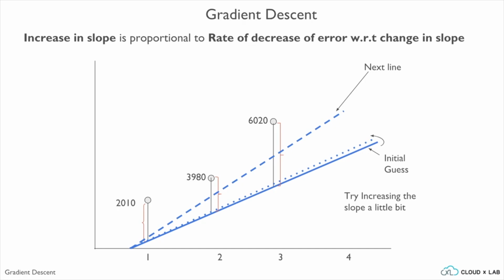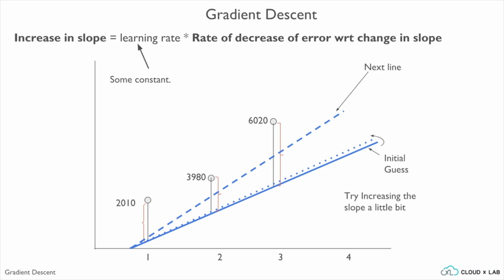The question is, how much should we change the slope to get the next line after each probe? In simple words, the increase in the slope should be proportional to the rate of decrease in error. The more the change in error, the more we should change the slope. So we can say that the increase in slope is equal to some constant multiplied by rate of decrease in error.